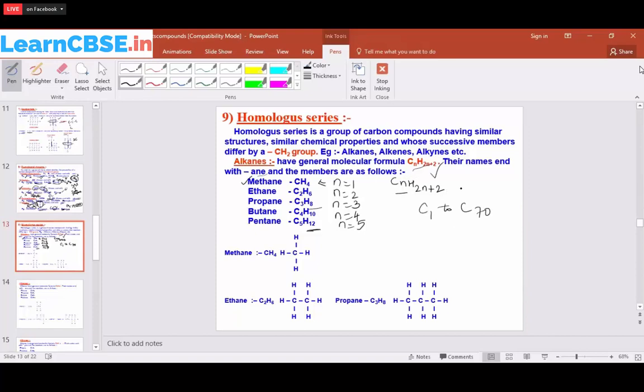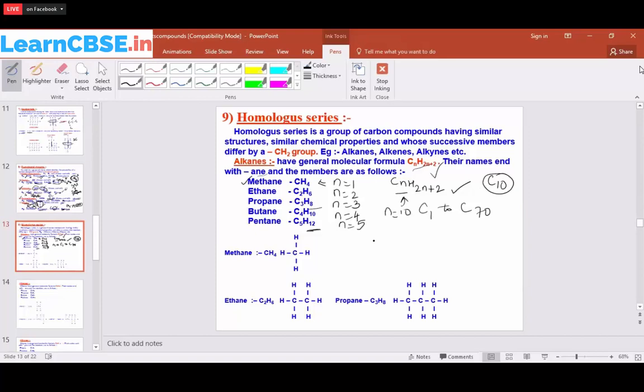So if we know this formula, we are able to write the formula of any hydrocarbon. For example, suppose I would like to write the molecular formula for an alkane with 10 carbon atoms. So n equal to 10.